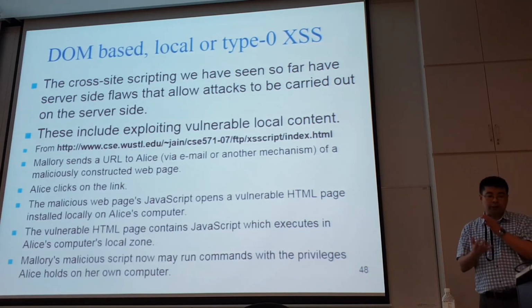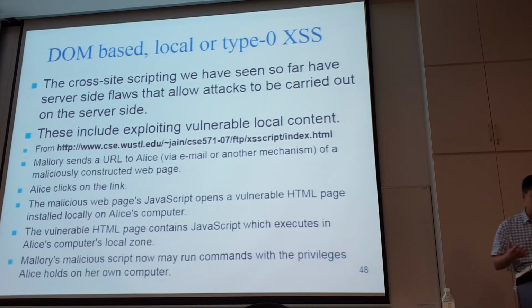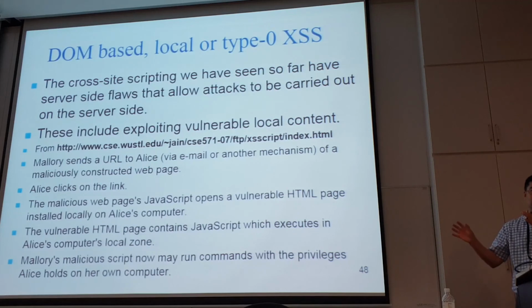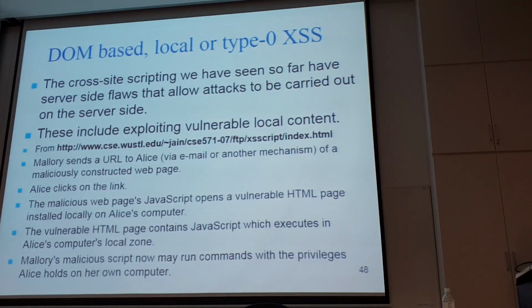If the local content is vulnerable, then you can execute the local content with some input, and then you can again cause damage. In this case, the server is not involved at all. You just execute some other vulnerable content on the victim's local machine. So this is another scenario about this local access, or so-called DOM-based access.